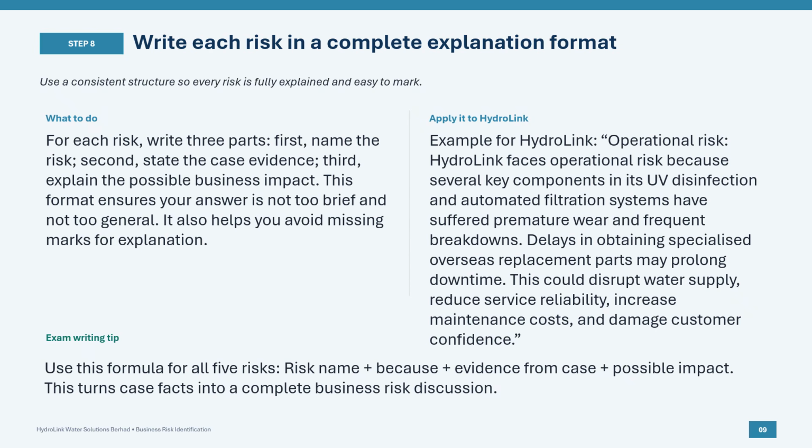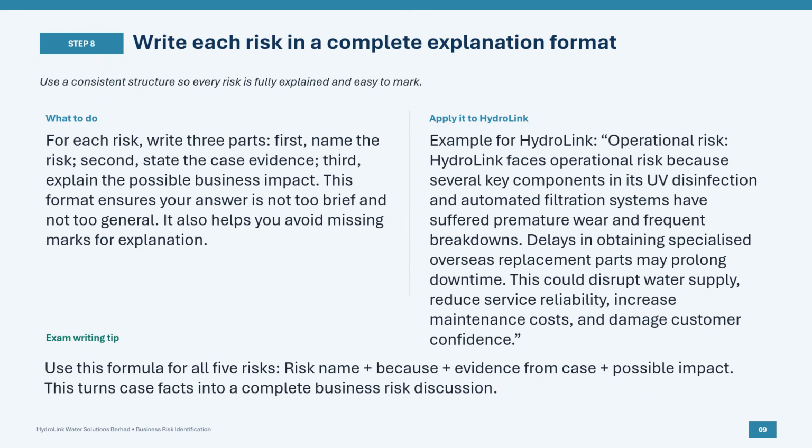Step number 8: write each risk in a complete explanation format. Yeah, so now I teach you how to write. For each risk, write 3 parts. Remember, first, name the risk. Second, state the case evidence.